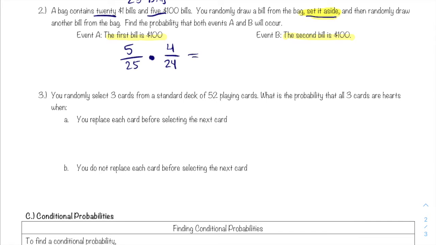And so again, we multiply these straight across, 20 out of 600. I'm pretty sure that 25 times 24 is 600. It is. And then we can reduce this. This is going to be 1 out of 30 if reduced. So the probability of both of those bills being $100 bills is 1 out of 30.